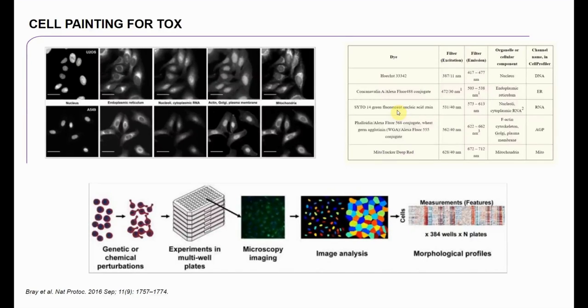And the idea is that you can then set up this assay and use it to test various different chemicals or genetic perturbations. Again, go through the standard high content analysis pipeline with automated imaging and then automated image analysis, except this time, because you have so many different labels, the group ran it through an image analysis platform. It was developed by the Carpenter lab at the Broad Institute.